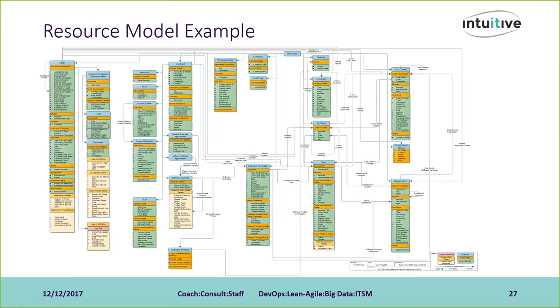The orange is the data class, and the green will be the attributes under that data class. The orange, the lighter orange and the beige are custom data classes that I've associated. For example, on the computer resource type, I've added a custom data class of legal hold status, and the attributes of those are here.